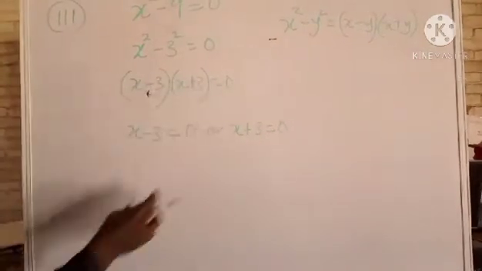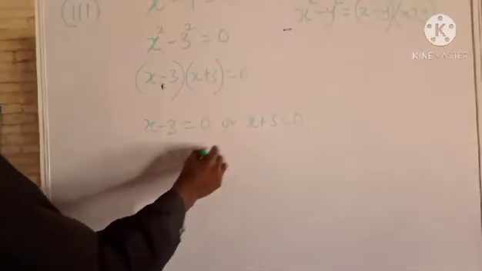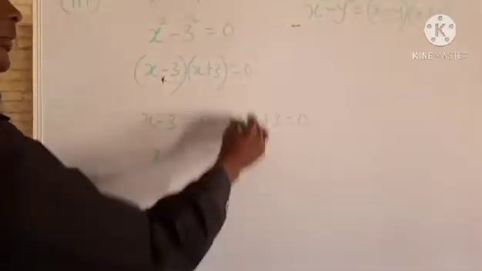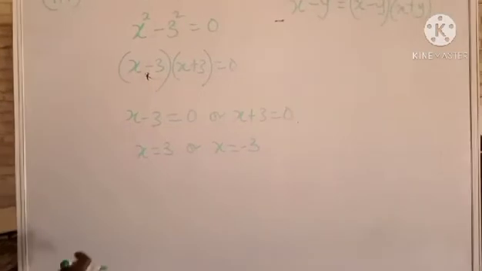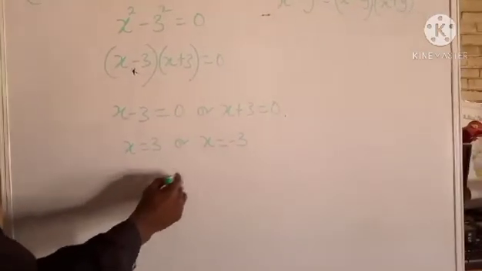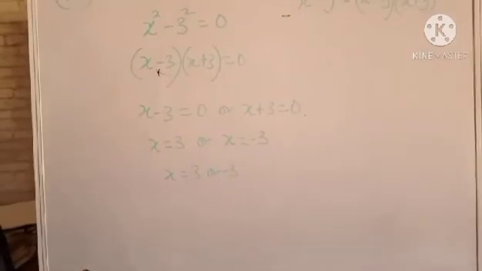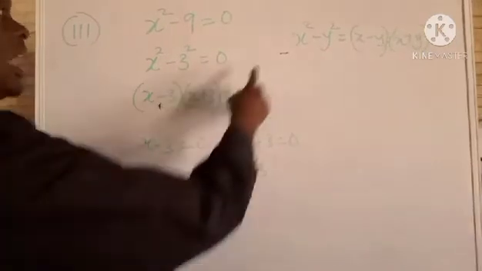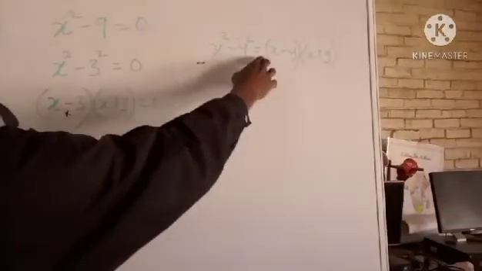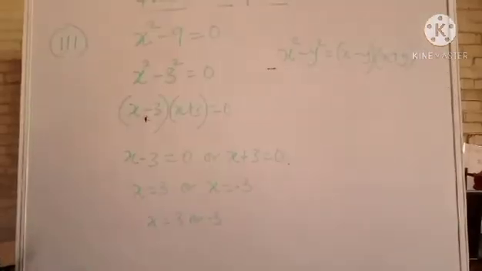If minus 3 crosses over at this point, x becomes 3, or if plus 3 crosses over, x becomes minus 3. Meaning the roots will have x as 3 or minus 3. Remember here we had to employ the concept of difference of two squares, and the concept states x squared minus y squared as (x - y)(x + y). That's the principle we employed here.